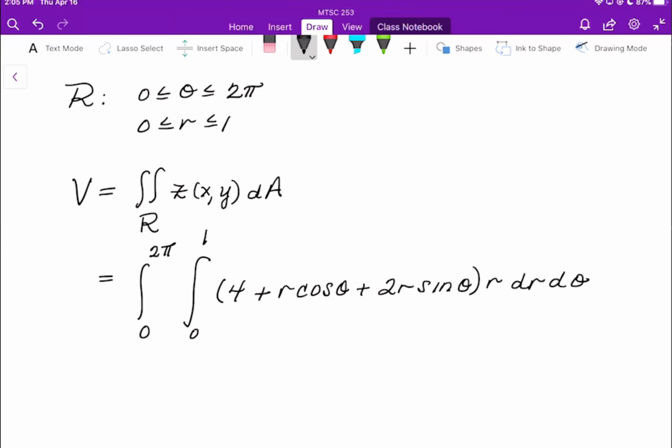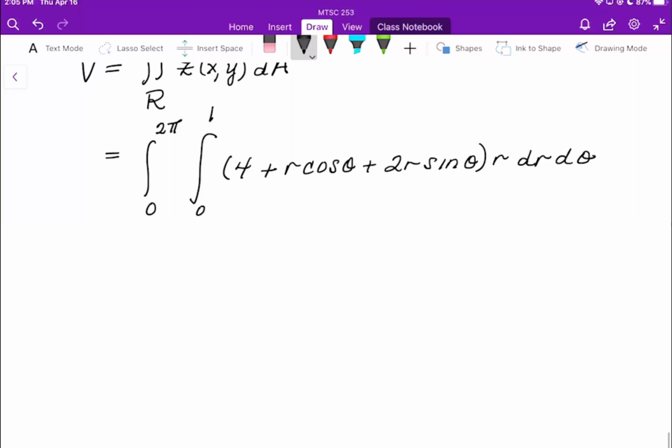Now here's one I can't separate, okay? The reason why is that I can't pull the r all the way out.